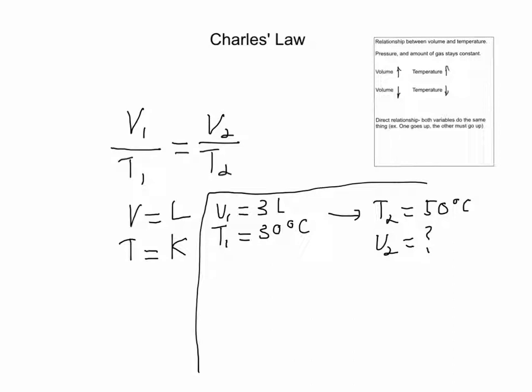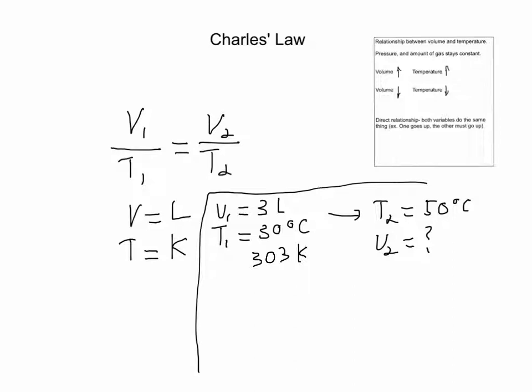But remember, we have to check units. We have liters, which is fine, but then we have degrees Celsius, so we need to change that to Kelvin. Well, to convert, I add 273. So here I get 303 Kelvin.